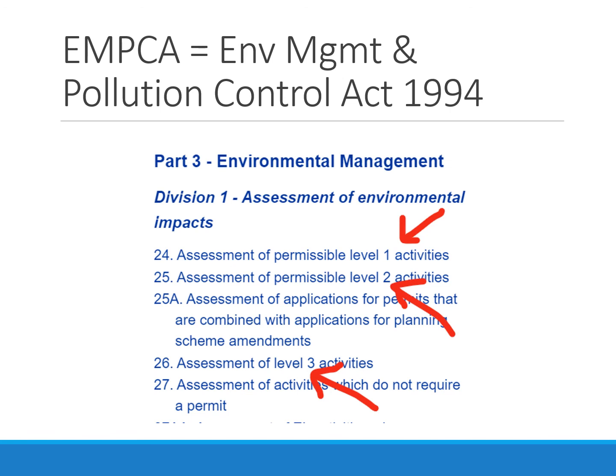So the Act has in law these different levels of activities, level 1, 2 and 3. Most of what we're going to talk about, at least in the first half of the semester, are all level 1 activities. So they're pretty modest. The potential for environmental impact is relatively low, and so it goes through a more modest level of assessment, because a fundamental principle of environmental impact assessment is that the assessment is at a level that's appropriate with the potential environmental harm.